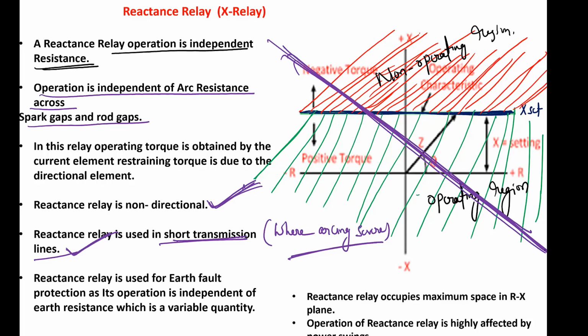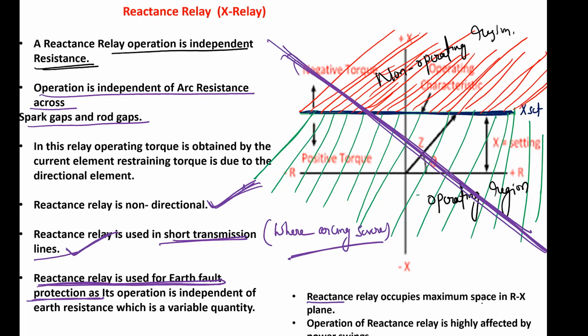So to nullify that effect, it is better to connect reactance relay as the earth fault protection. Reactance relays are used for earth fault protection because their operation is independent of the resistance. So the ground or the earth resistance will not affect our operation. Okay, that is one more point.